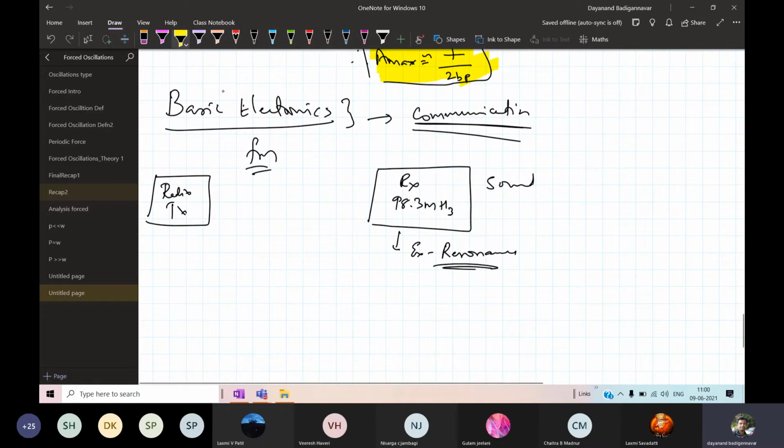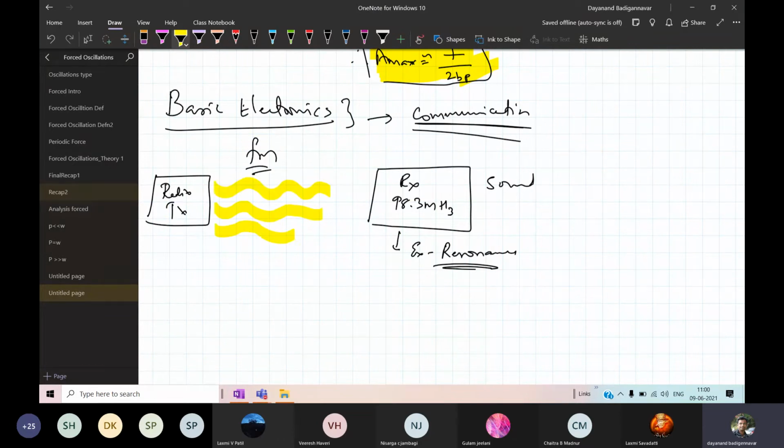When there is a radio transmitter, it is giving out radio signals. These radio signals have a certain frequency, which I have taken as p, the applied frequency.